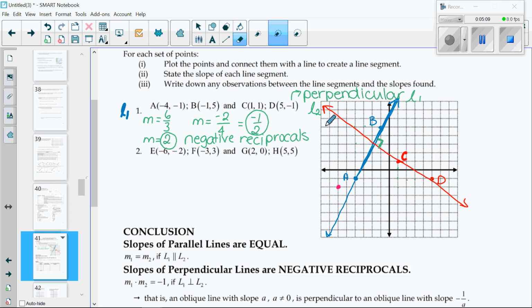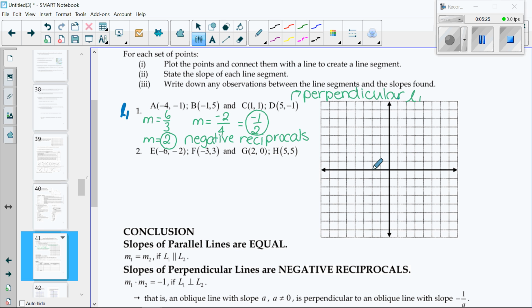Actually, I think I'm going to erase what I had here originally because I'll need the room. Okay, let's try that again. 1, 2, 3, 4, 5, 6, down 2. So that is E. Okay, and then F is at -3 and 3. 1, 2, 3. 1, 2, 3. So that is F. And I'm going to join my points with a nice straight line.